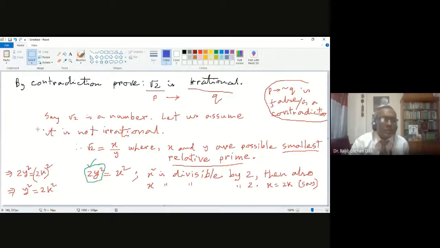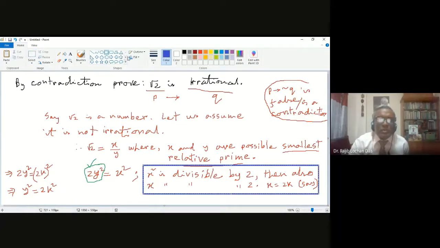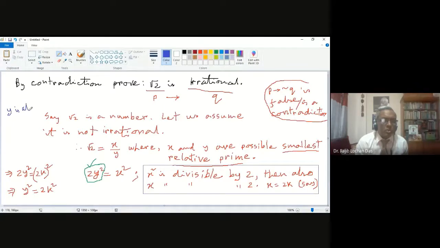In the same logic we applied here, if we continue with y also, y is also divisible by 2.